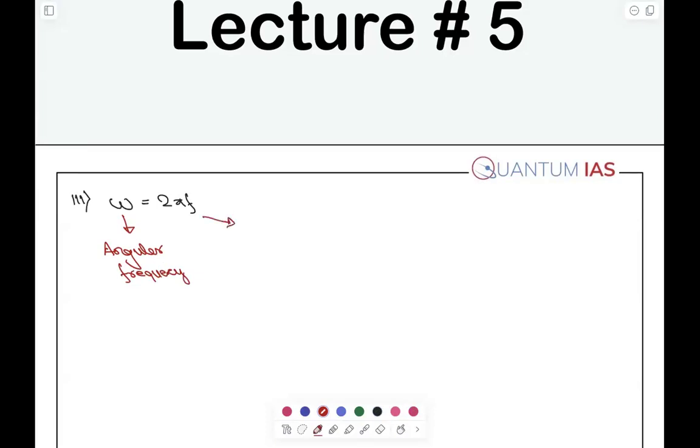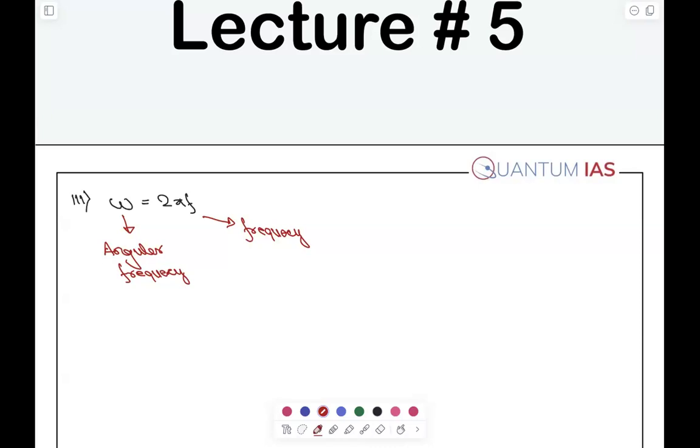And this is frequency. Hertz is the SI unit of what? किसकी unit hertz है? Frequency, right? For angular frequency, it is radian per second.